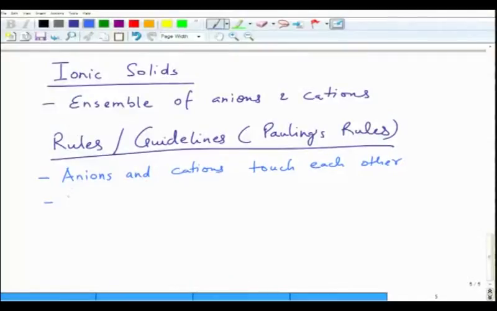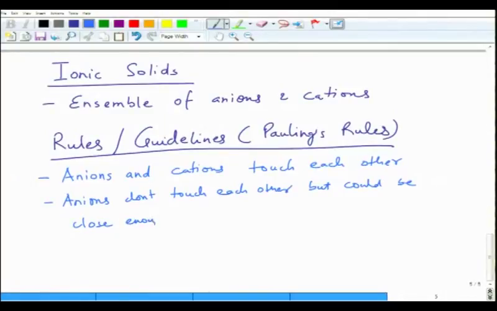Okay. Because the repulsive force typically tapers off exponentially, with a little bit of separation the repulsive force will be tapered off. So anions don't touch each other, but could be close enough so that there is not very substantial repulsion.